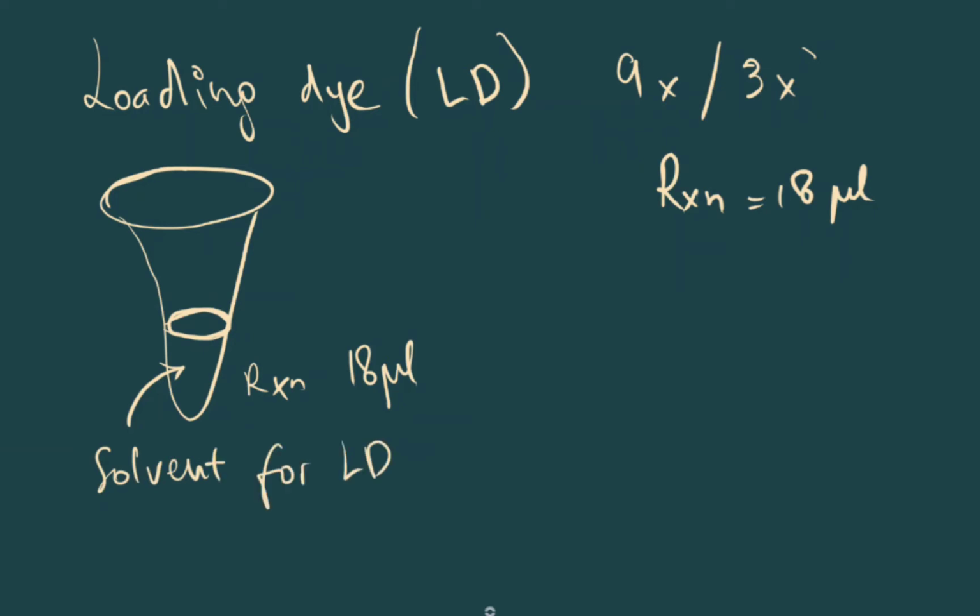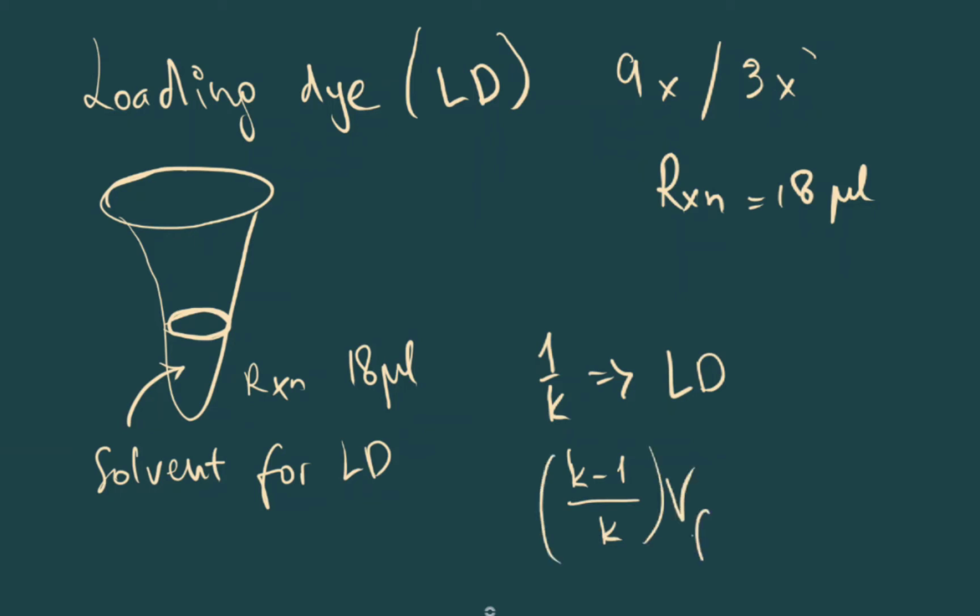And in this case, also what we know is that 1/k of this final volume will be occupied by our loading dye, which means (k minus 1)/k of the volume will be occupied by our solvent.